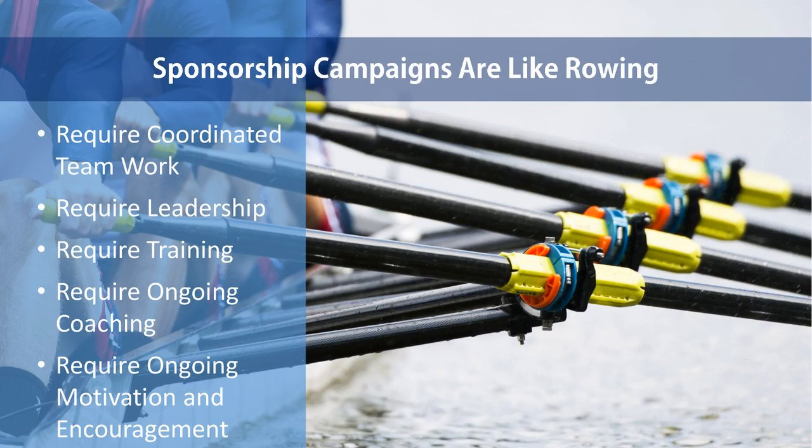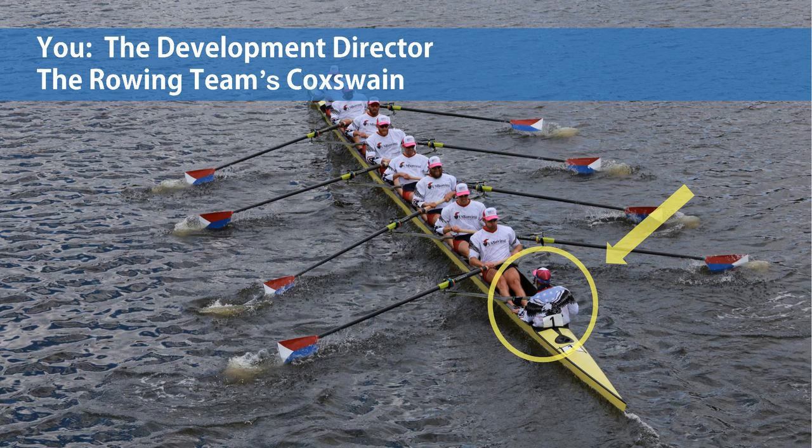But they actually require a lot of coordination and effort. They require a lot of leadership, and in fact, if you take a close look at a rowing team in some sort of competition, there's someone on the team who sits in the very back of the boat who is called the coxswain.